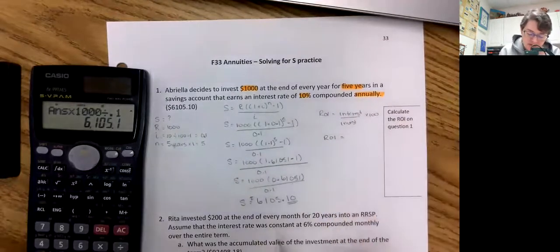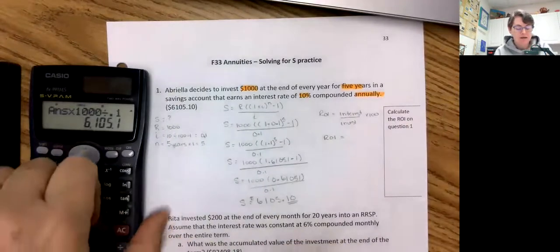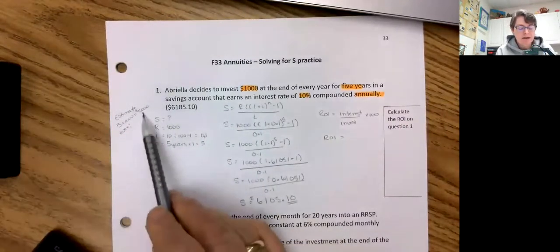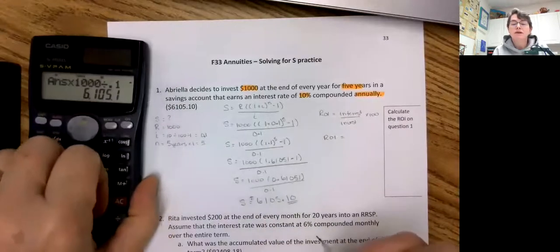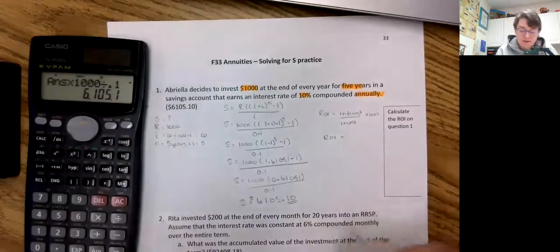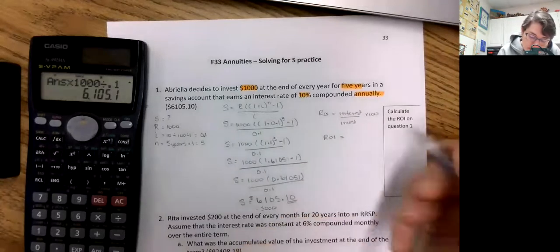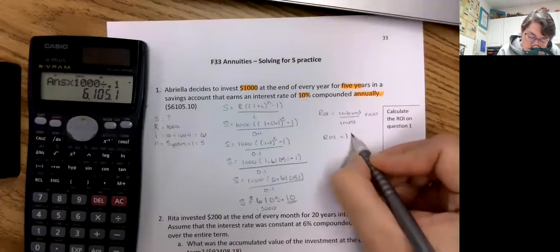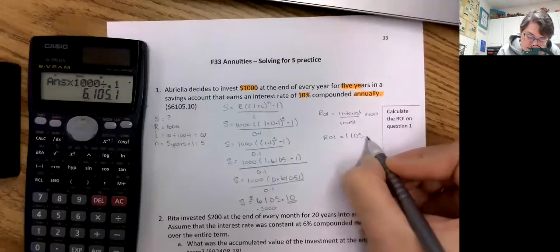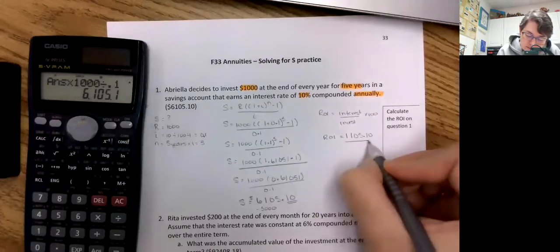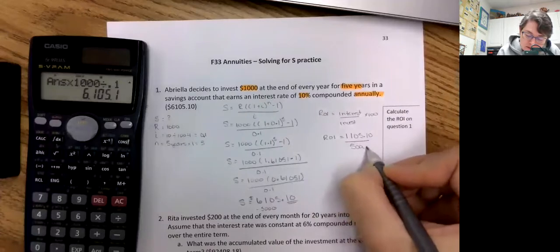How much interest did we get? Actually, she invested $5,000, because it was $1,000 a year for 5 years. Minus 5,000, that's going to give me $1,105.10 out of 5,000 times 100.